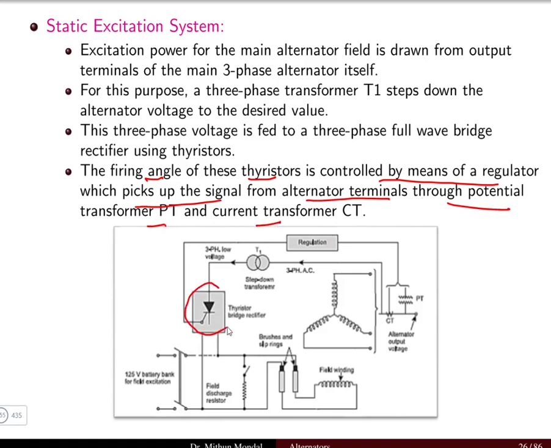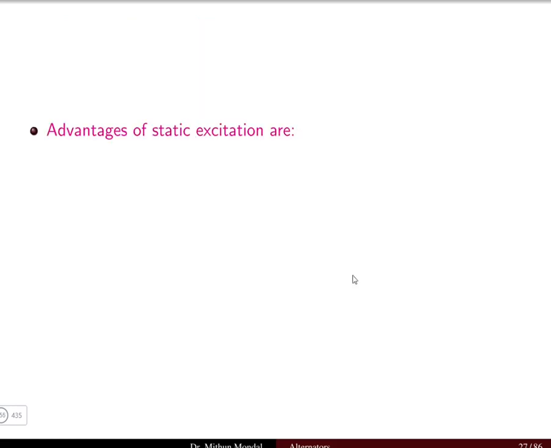So the thyristors are responsible for the production of the DC supply, which is the conversion of the three-phase AC, stepped down through a transformer and going to the thyristor. The firing of these thyristors is controlled with the help of a regulator, which is again controlled with the help of CT and PT, that is the current transformer and the potential transformer.